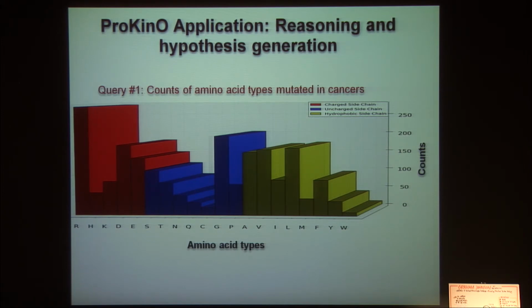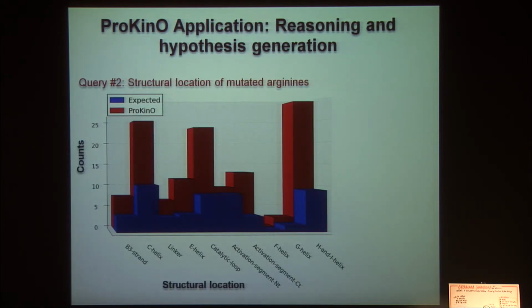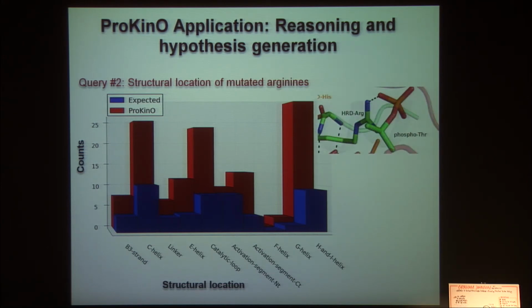With this data, you can formulate another query: what structural regions are these mutations mapping to? And obviously, you see what you would expect to see. There are some regions that these arginines are mapping to. Once you see them mapping, you see that some of the arginines that are mutated, in fact, are coordinating with the phosphate group.